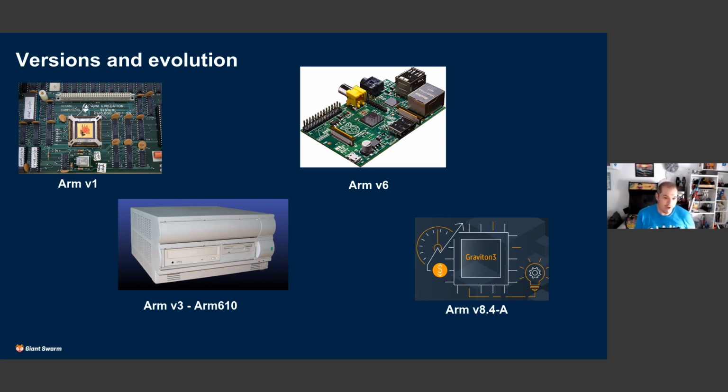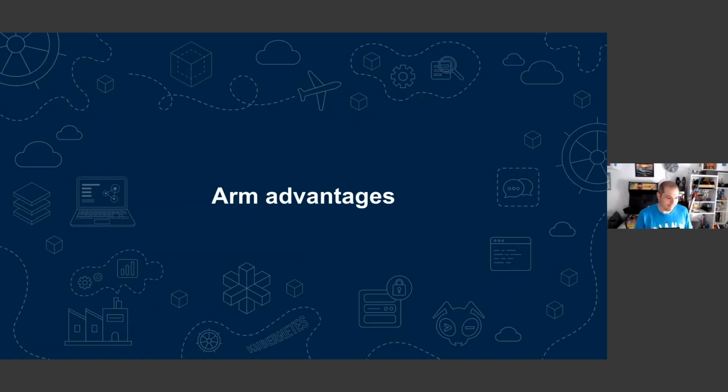And now we have ARM in data centers too, like Graviton. All the main cloud providers have ARM machines, so now it's very easy to use ARM processors. And probably all the phones in your pockets have ARM processors, so they are everywhere.